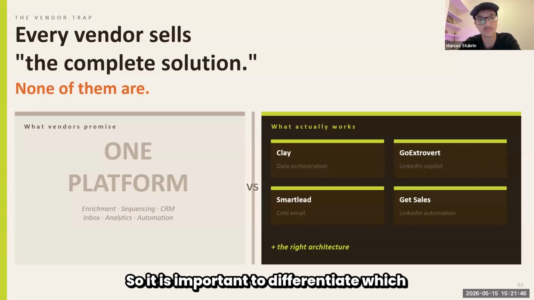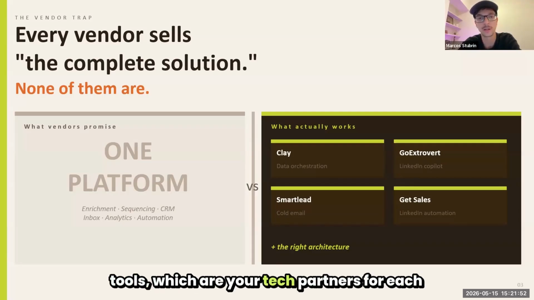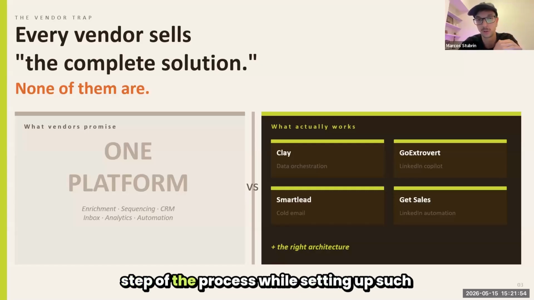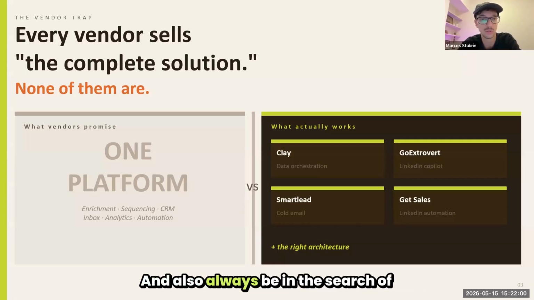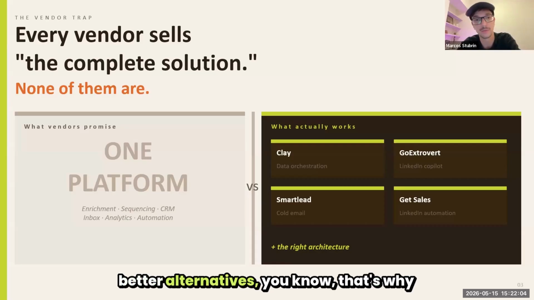So it is important to differentiate which tools are your tech partners for each step of the process while setting up such a system. And also always be in search of better alternatives.